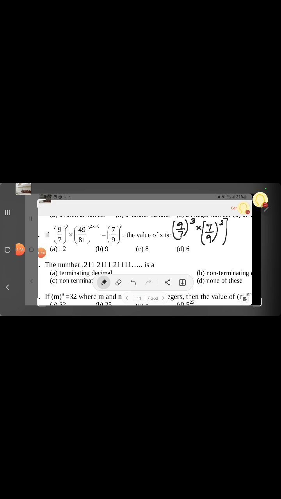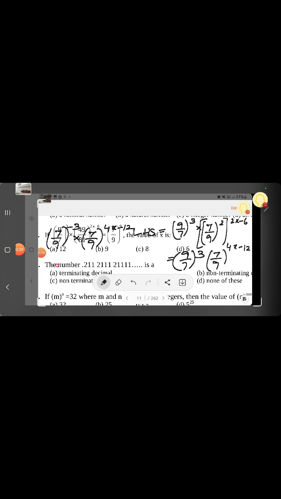Already here we have the power 2x minus 6. The LHS is (9/7)^3, and the other power gets multiplied by 2, so this becomes 4x minus 12. When you take the inverse of (9/7)^3, this becomes (7/9)^(-3), and keep (7/9)^(4x minus 12) as it is.